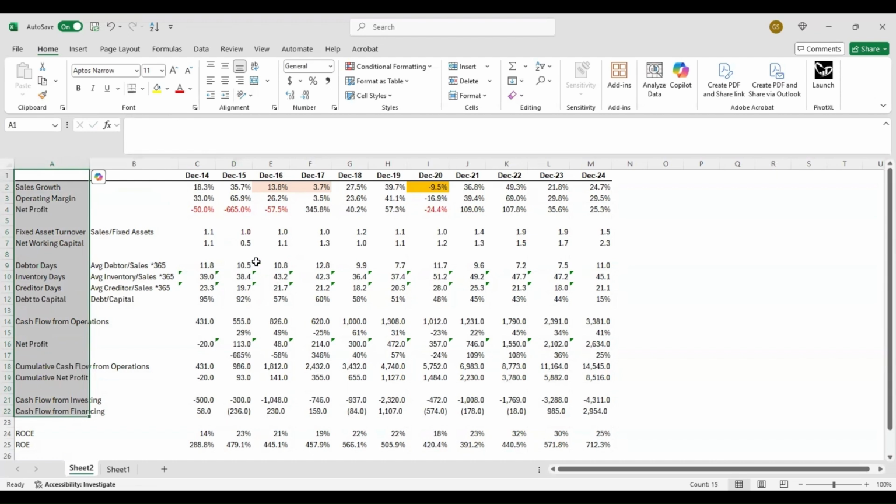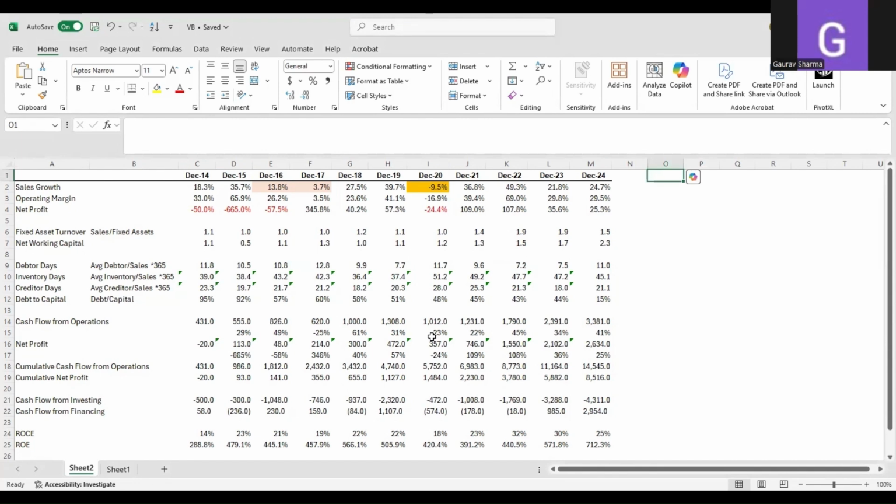For example, if my sales are growing at a particular rate, I would ensure that whatever I'm projecting should also grow at the same rate. If I know that my sales are growing at the rate of 33% from the last 4 years, my next year's projection should be based on this number. All right.